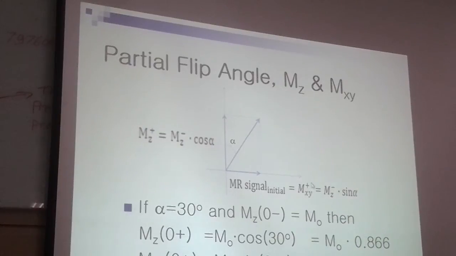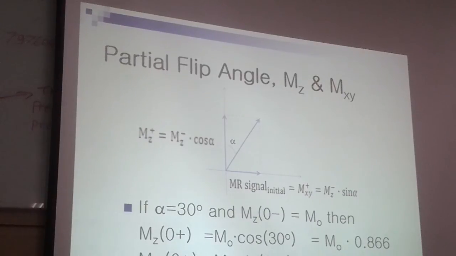But after the RF pulse, the transverse component is determined by the longitudinal magnetization just before the RF pulse multiplied by sine alpha, where alpha is the flip angle. This is an example of signal strength when the longitudinal magnetization just before the RF pulse is M0, the equilibrium magnetization.